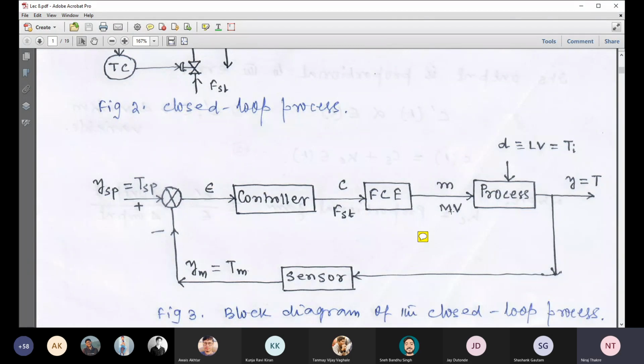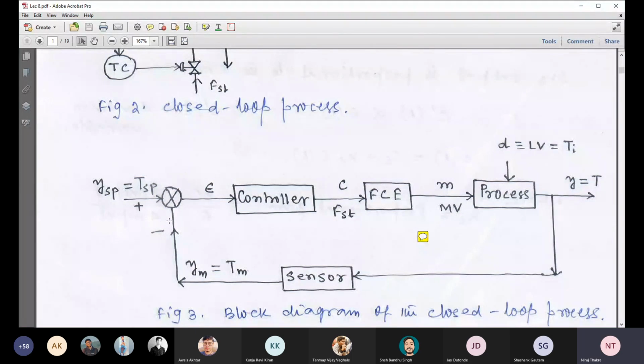I repeat the block diagram. You first draw this process, connect its inputs and outputs. Here output is temperature. Then at first we are measuring this temperature. So you employ one sensor to measure the temperature. What is the sensor output? Tm. That Tm is going to be compared with its set point value.